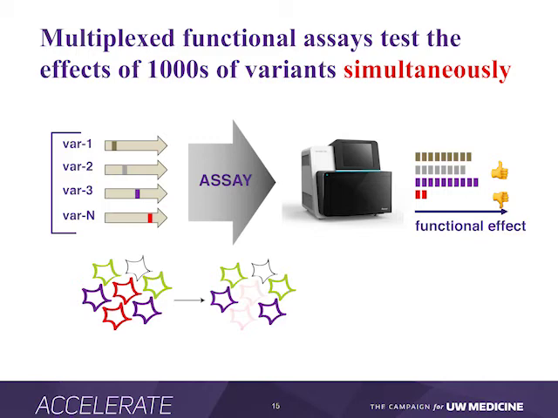It used to be much more difficult to actually make all of these different changes. We actually don't even know, in some cases, which changes we're making because we're just trying to make all of them. And as long as we can count them on the sequencer, it doesn't really matter. The biggest thing was the sequencers because we can sequence billions of things, and so we can count billions of things, which is the most important part.